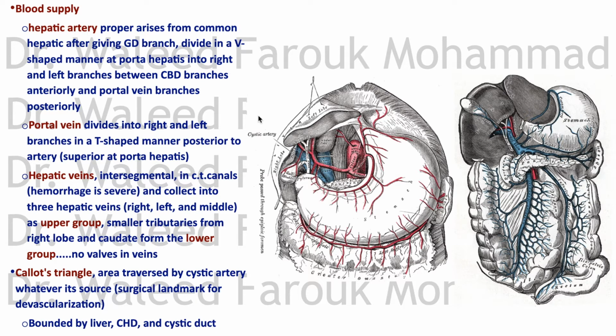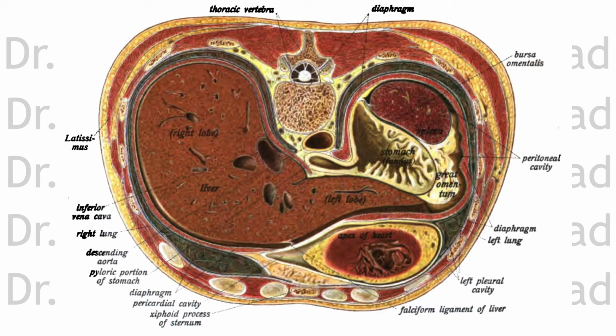And there are no valves in these veins, as you can see here in a cut section of the liver. See, these big gaps are the canals for the hepatic veins. So the hepatic veins occupy these canals, the walls of which are made by connective tissue.